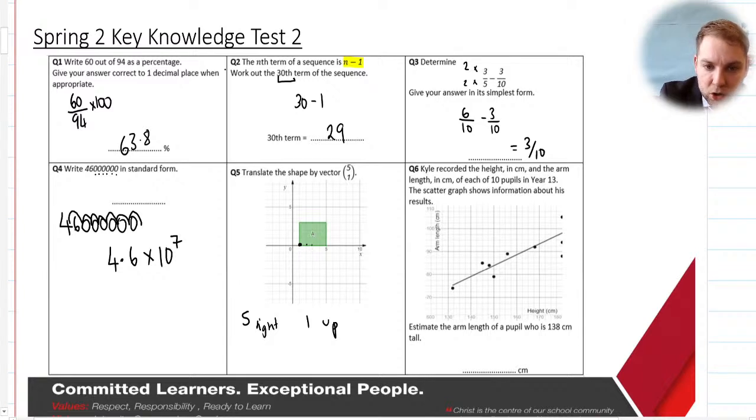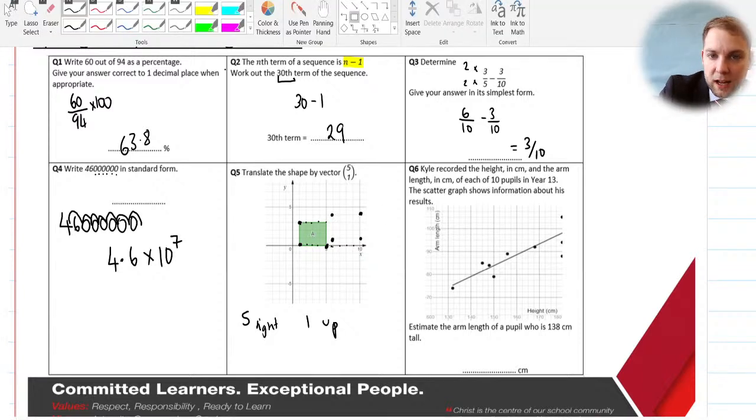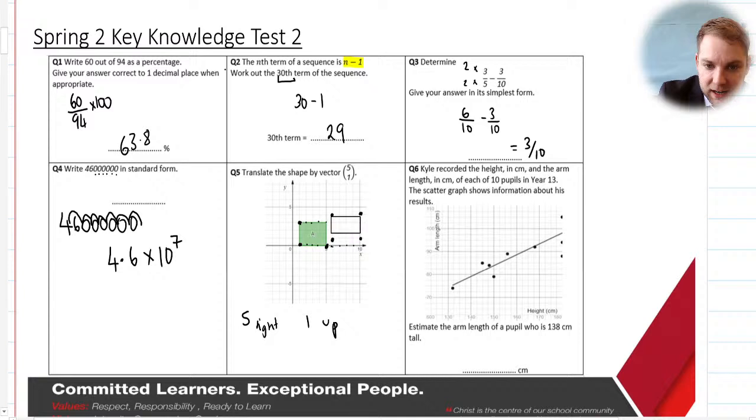So 1, 2, 3, 4, 5, and then 1 up there. Then I take this point here and go 1, 2, 3, 4, 5, 1 up. Then this point here, 1, 2, 3, 4, 5, and 1 up. And then I'm pretty sure I can see that last one. Let's draw it in so I know I've got it. So there it is. My shape like so.